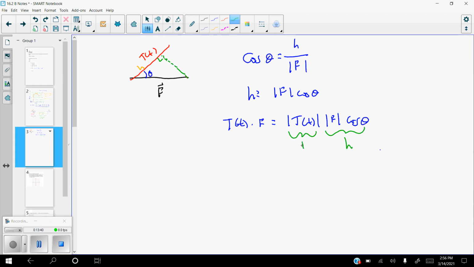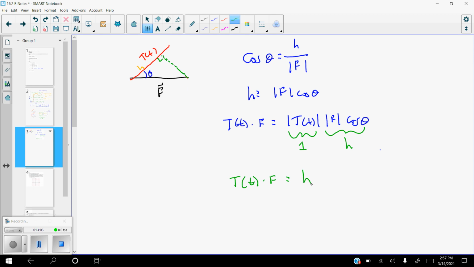Let me make that a 1 and not look like an I. So that's 1, and that's h. So ultimately what we get here is that the dot product of the unit tangent vector with the force is the magnitude of force times cosine theta, which is h.